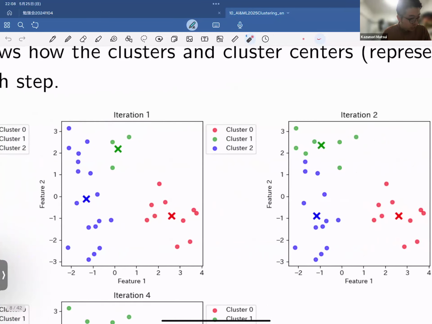Again, we check which center is closest to each data point: the red center of gravity, the green center of gravity, the blue center of gravity.